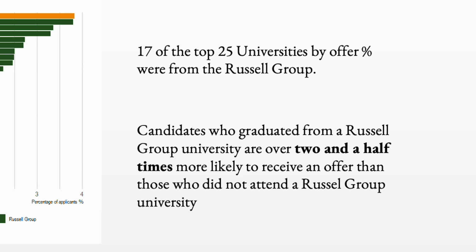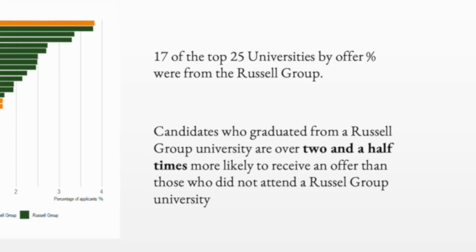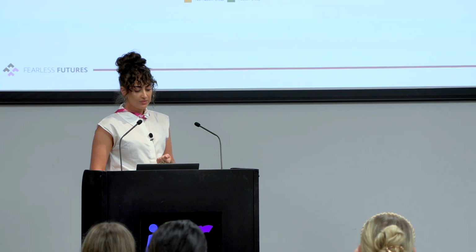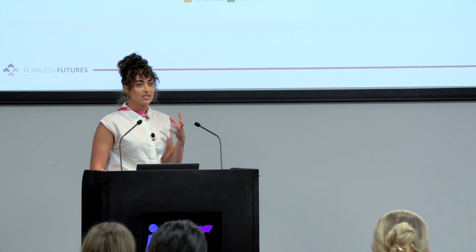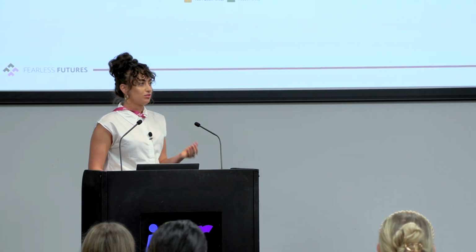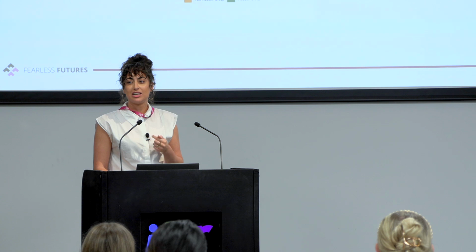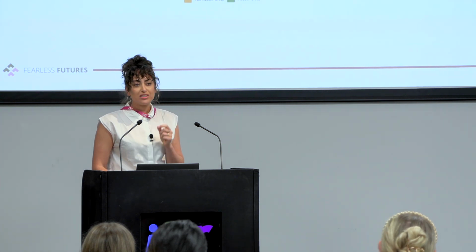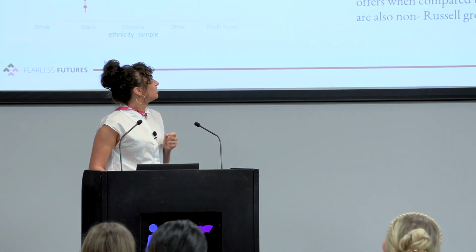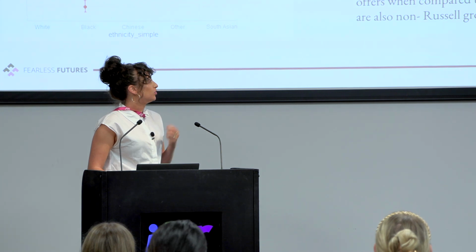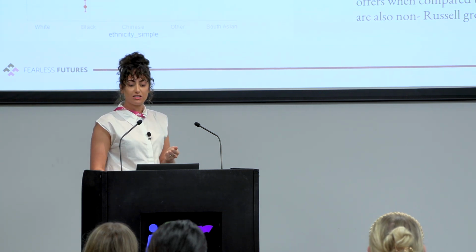Candidates who graduated from a Russell Group university are over 2.5 times more likely to receive an offer than those who went to university elsewhere. But when we looked at this university background intersectionally with race and ethnicity, we found a very specific, particular trend that we were not able to see before when we were taking a siloed approach.